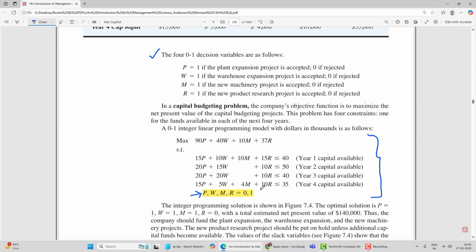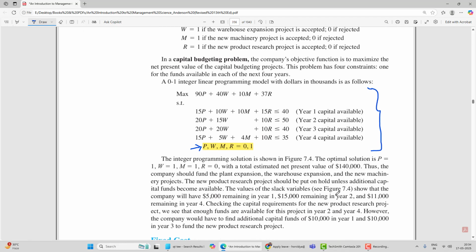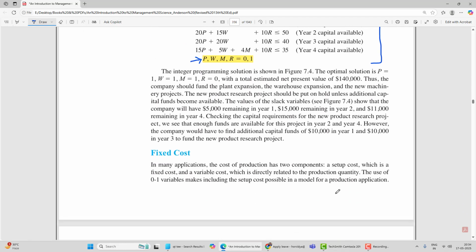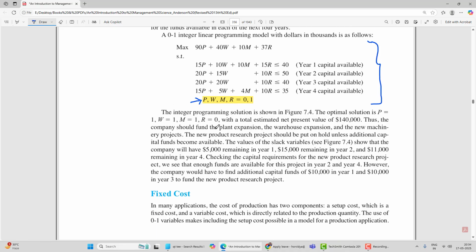And I have given you so many different videos where I have explained how to solve the LPP using Solver. So there you can use this model, set up that particular problem there and solve it. And the answer you get here is R equal to 0.